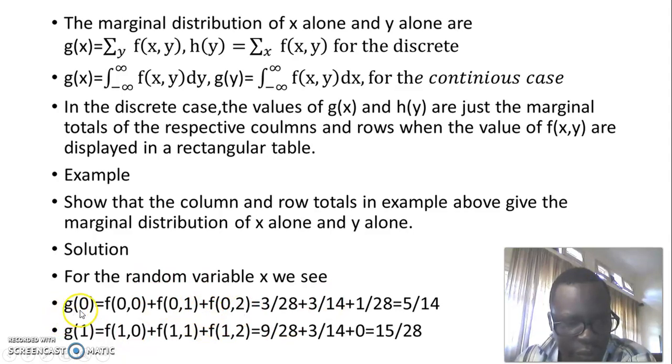This one is the g of x, where x is 0. So here, these are the possible options when x is 0. So when you sum their probabilities, you shall get 5 out of 14. So when x is 1, these are the possible results when x is 1. And when you sum their individual probabilities, you'll get 15 out of 28.